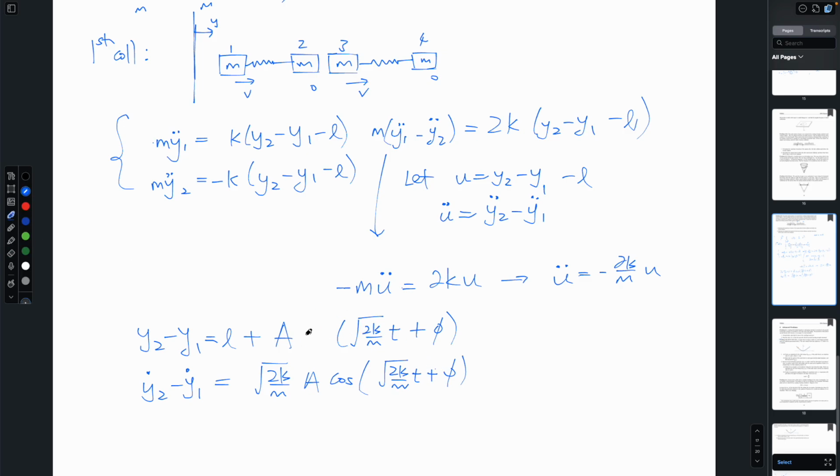I will choose this as a sine function now, so it's easier to differentiate.